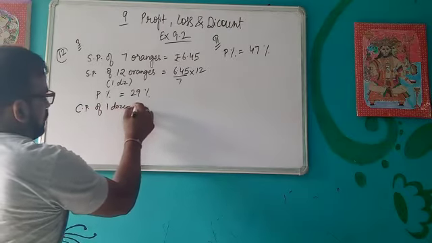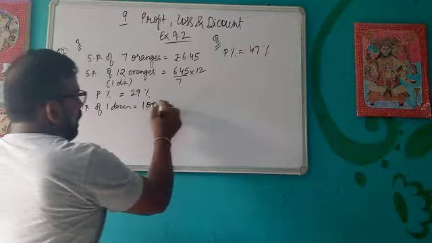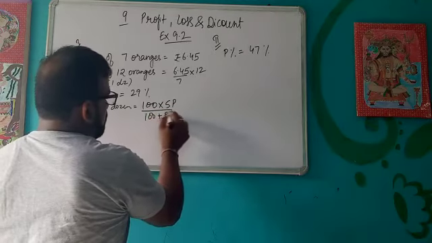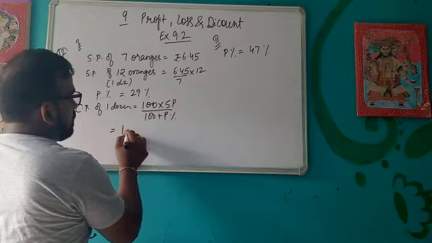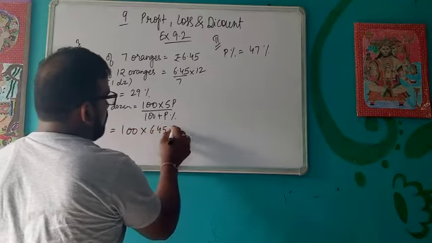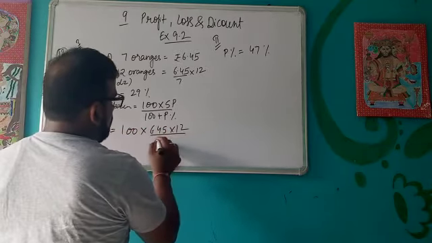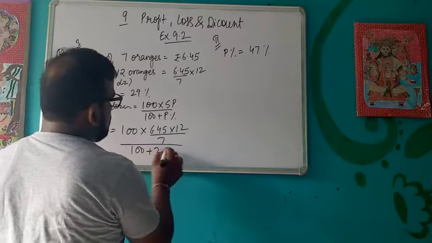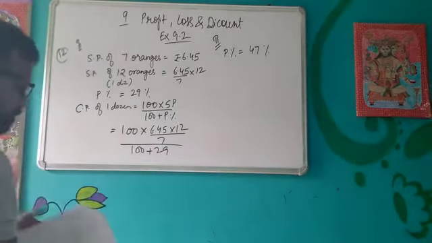Okay, CP of 1 dozen is equal to 100 into SP upon 100 plus P%, that is 100 into, what is my selling price, 6.45 into 12 upon 7, upon 100 plus 29.